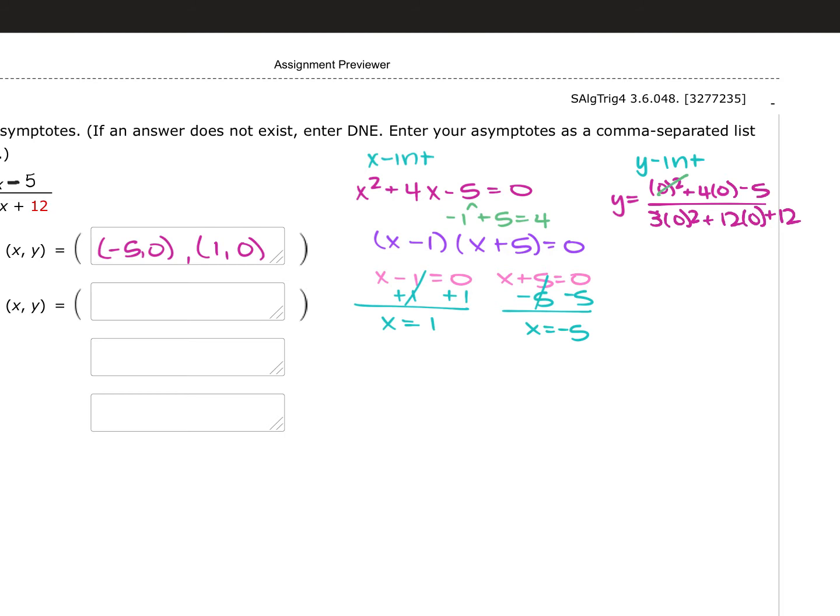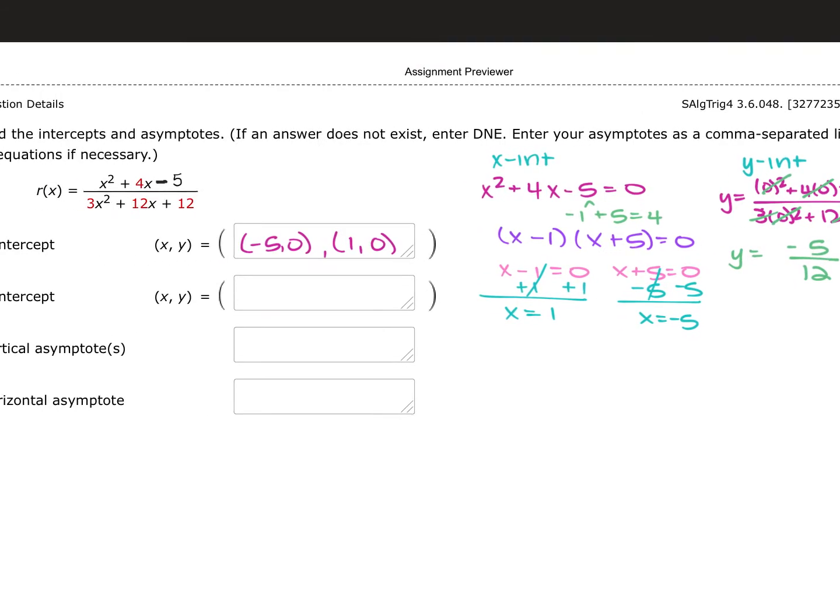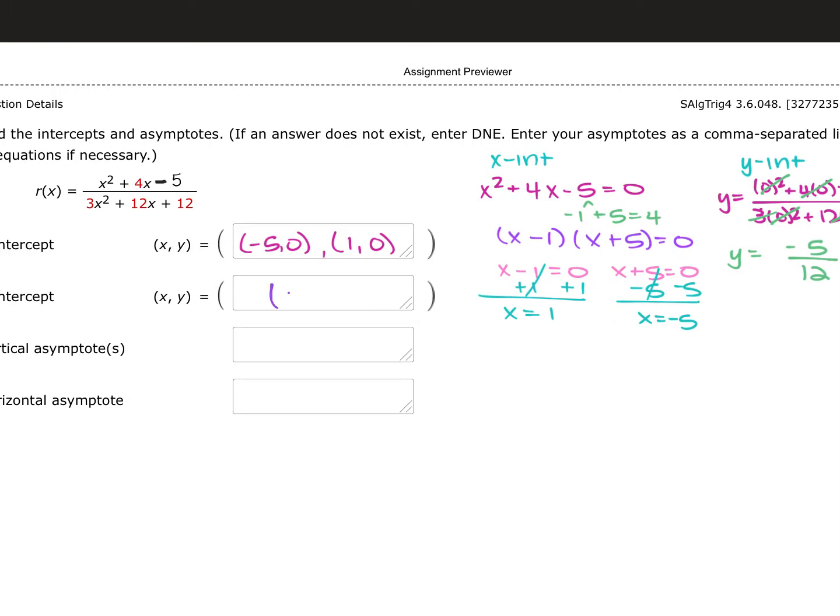Anywhere you have that 0 squared or that something times 0, they cancel out. So that's just going to leave you with negative 5 over 12 for y. So that is the ordered pair, 0, comma, negative 5 over 12.